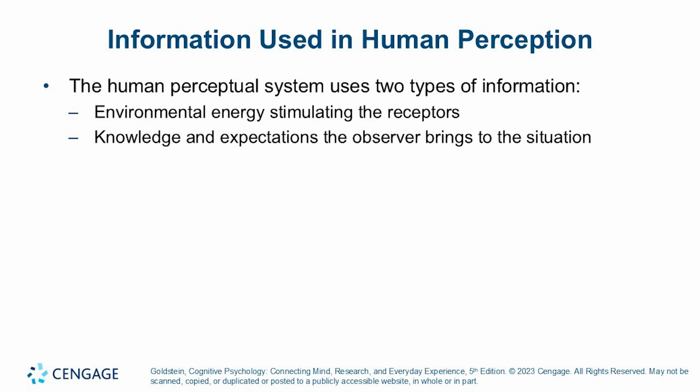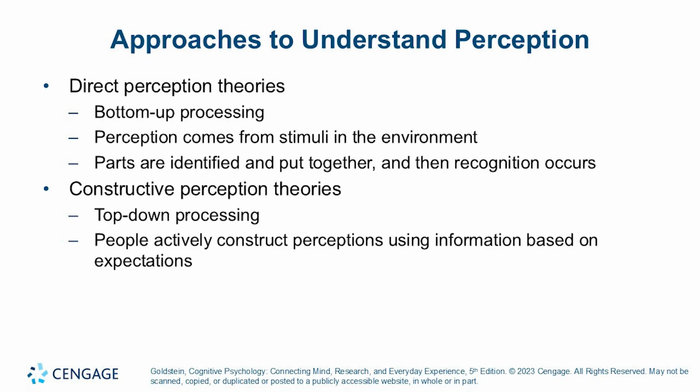And so I hope that the examples that we just took a look at make it clear that our perceptual system relies not only on the environmental stimulation that it receives from the outside world, whether it's sound or photons, but also on the knowledge and expectations that we have from our own lived experience, which our brain uses in order to interpret that information that's coming in. So there are potentially two ways of considering the way that perception works.